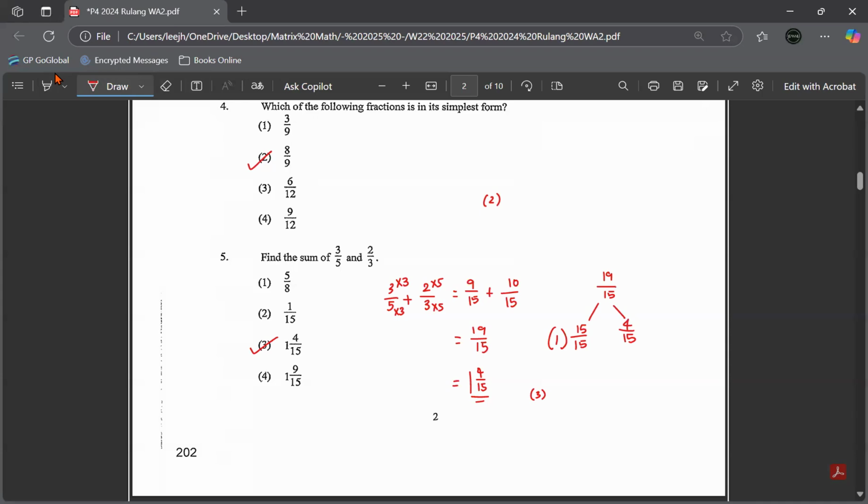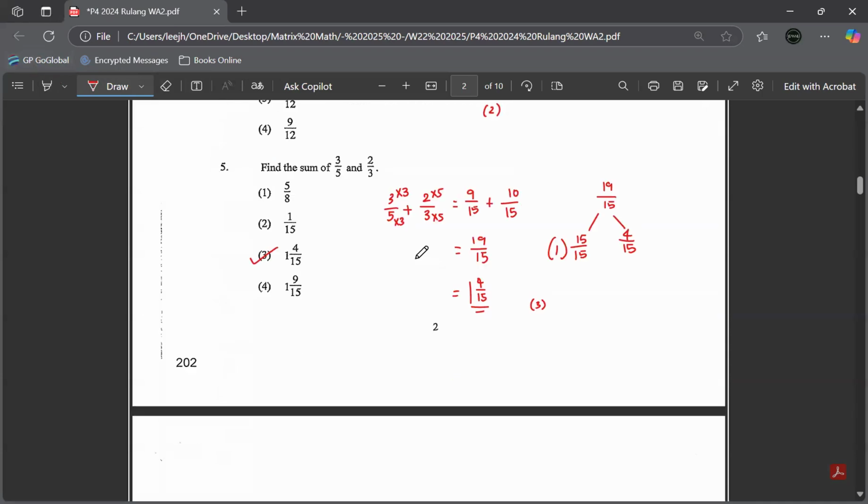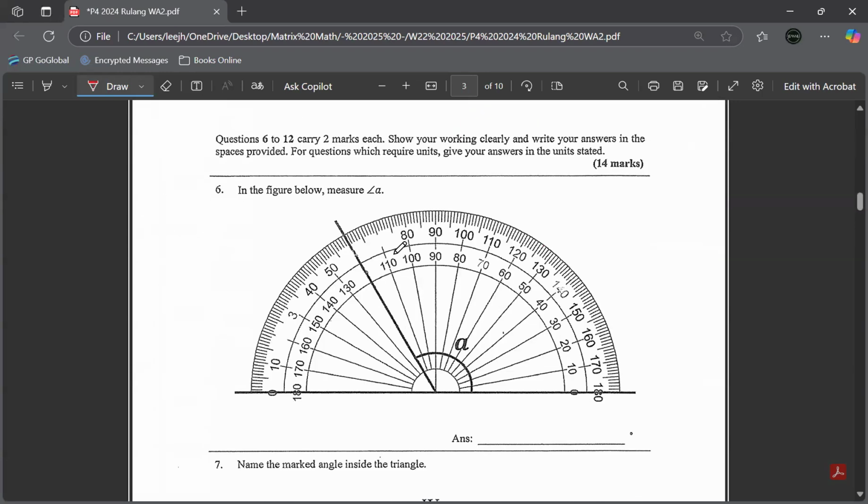Okay, question number 6. This one we can see because the protractor is given in the paper. So in the figure below, measure angle A. So you know angle A is here. I'm going to draw it in red. It's here.